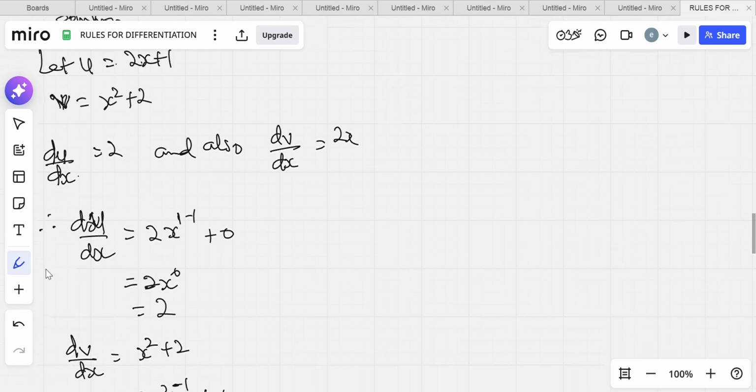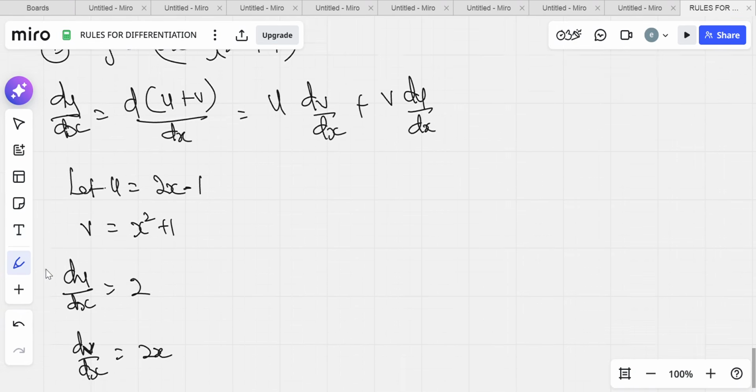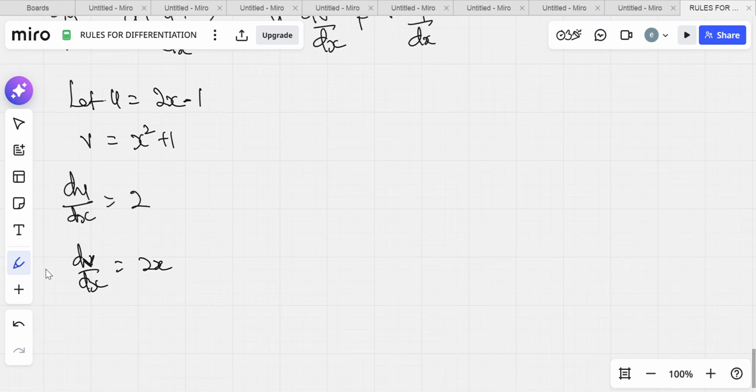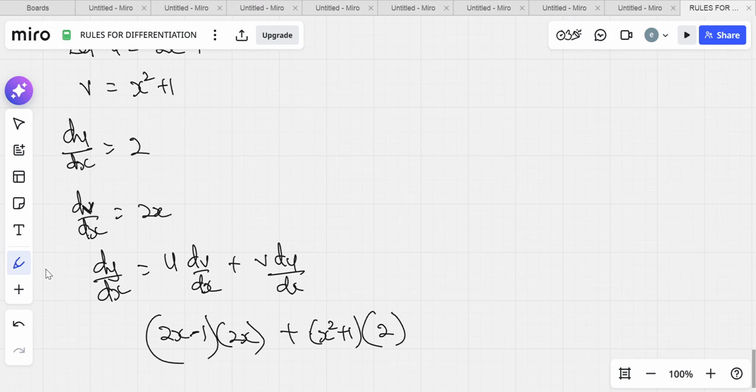So we now have that dy over dx being equal to u dv over dx plus v du over dx will still land us to the same. So our u is 2x minus 1, multiplying dv which is 2x, plus our v which is x squared plus 1 multiplying 2, our du.